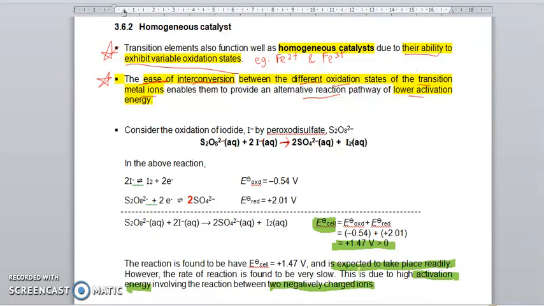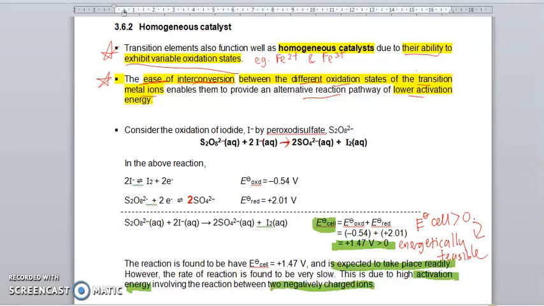That's why I want to stress over here that a positive E0 cell value tells us that it is energetically feasible. Can you please take note? E0 cell positive means that the reaction is energetically feasible, but it tells you nothing about the rate of reaction.